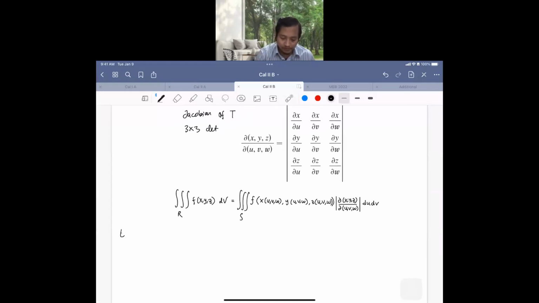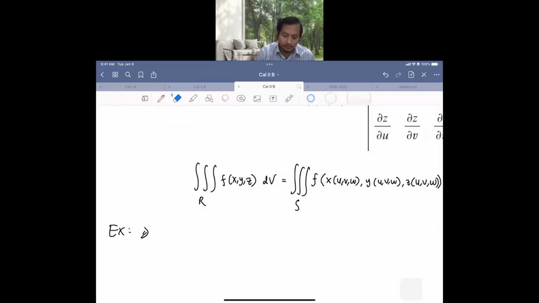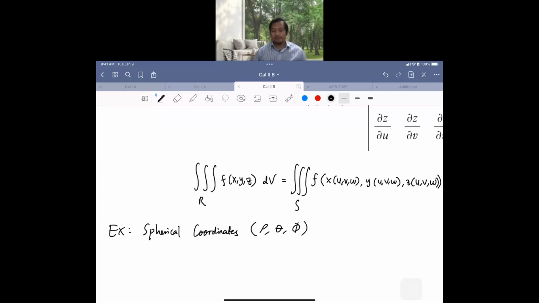Now, for an example, we can try the spherical coordinates. This is rho, theta, and phi. So it has triple integration, right? And it has some conversions from xyz to rho, theta, and phi. And we can first compute the Jacobian.